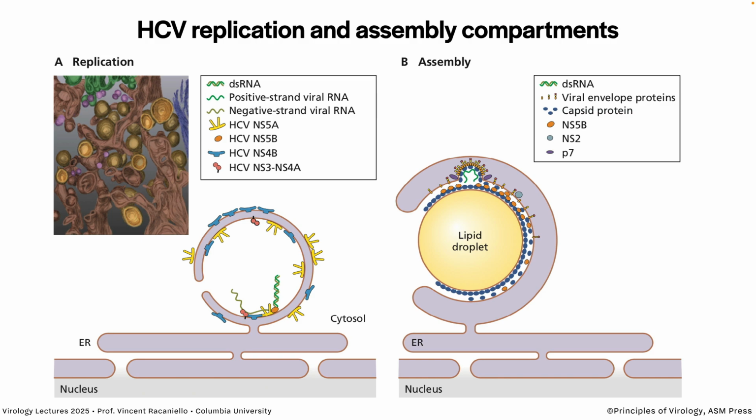These vesicles are open, and they contain lots of viral proteins, including the RNA polymerase, and the RNA is synthesized in here. Eventually, lipid droplets are pulled in, and these contribute to the assembly of a virus particle.